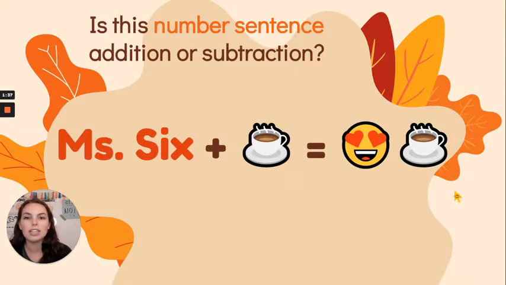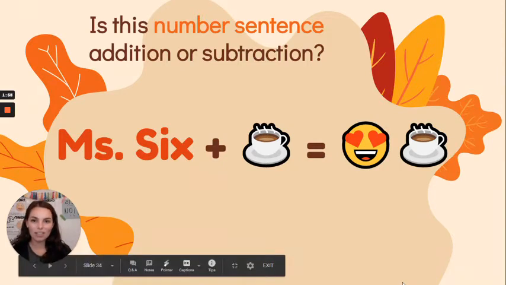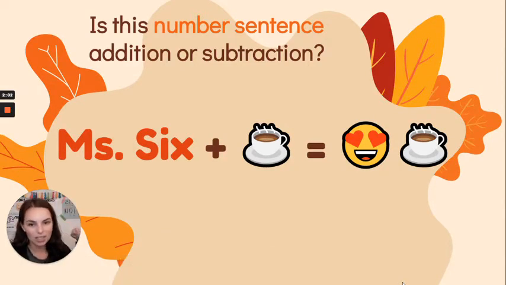So let's look at this number sentence that I made up, and we're going to see if it's adding or subtracting. This is just kind of a funny number sentence. I said, Miss Six plus coffee equals heart eyes, and I now have coffee. So am I adding or am I subtracting?